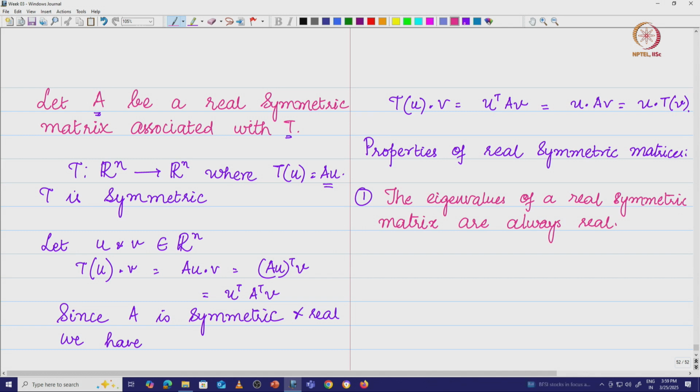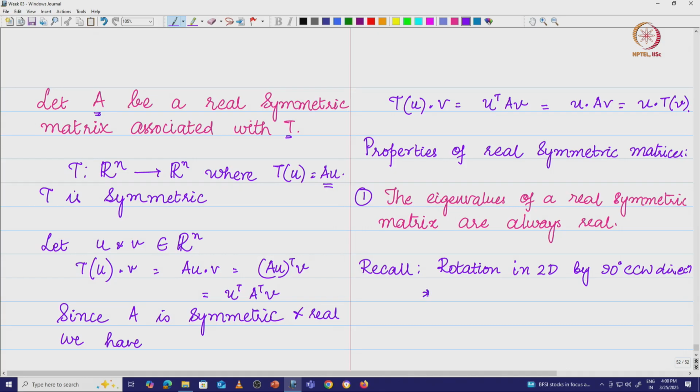Remember, we did this, recall. We had this rotation in 2D, let us say by 90 degrees in the counterclockwise direction.